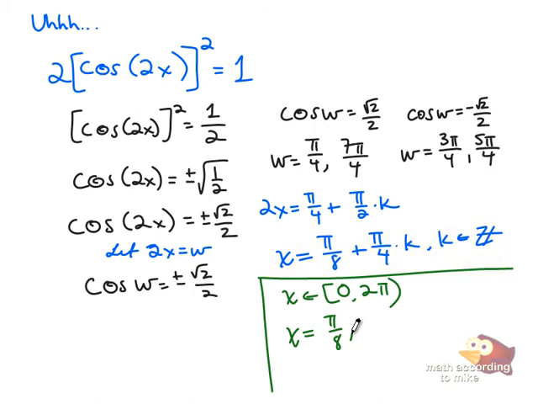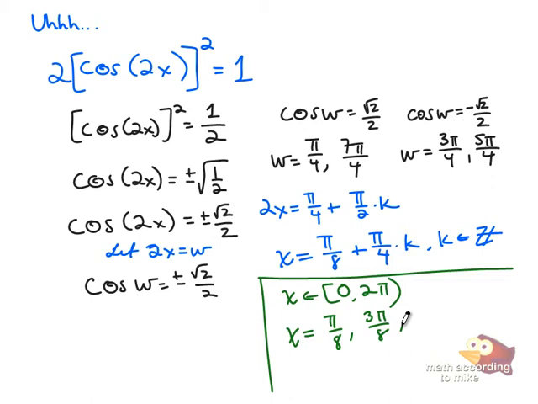So starting at pi over 8, add a pi over 4. So what's pi over 8 plus pi over 4? 3 pi over 8. Is 3 pi over 8 between 0 and 2 pi? Yep. And we keep going until we go over 2 pi. So what's next?